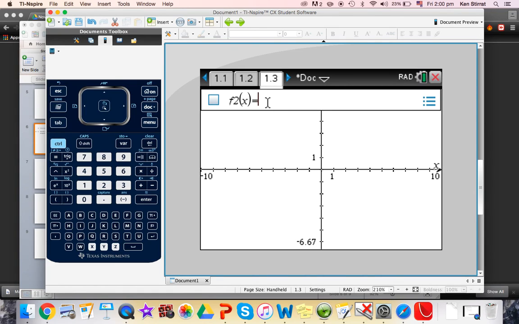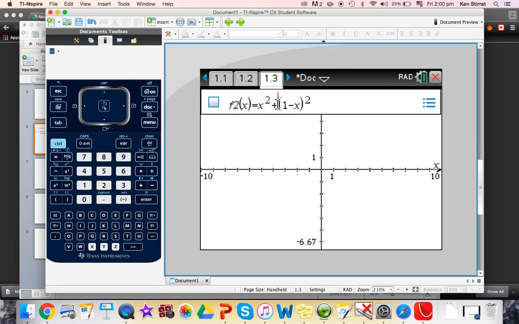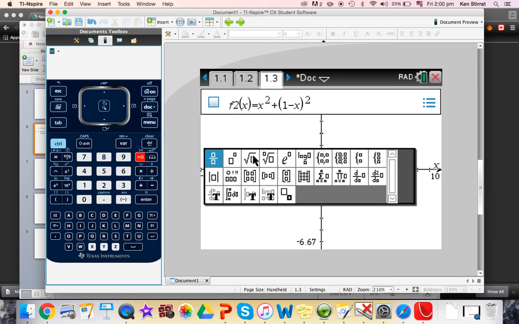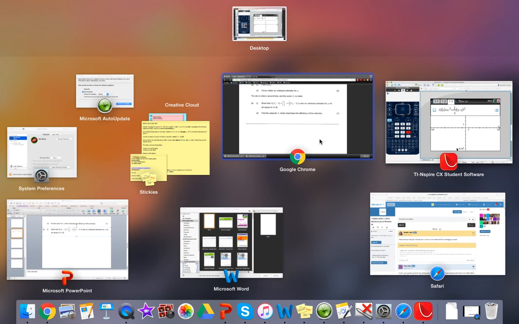We'll do x squared plus, in brackets, 1 minus x all squared. I don't think this is it. I think it was 1/3 outside. We'll go back and check. 1/3. So, a quick peek.